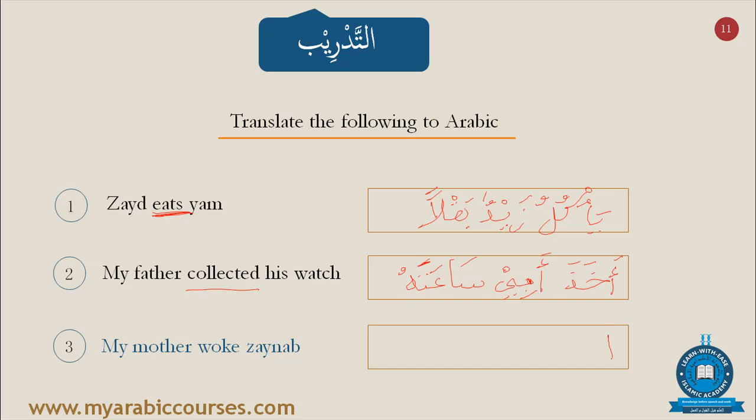So let's write together. You say أيقظت. Let's say together. أيقظت. She woke up. Who is waking up? Ummi, my mother. And who are we waking up? Zaynab.